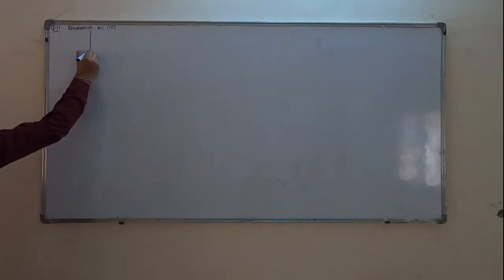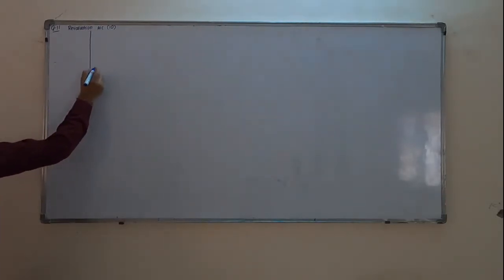So first account is revaluation account, which we will draw for 10 lines.